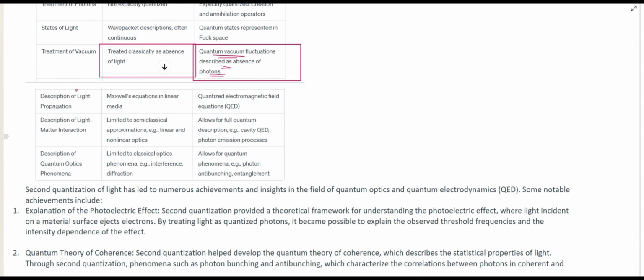The description of light propagation in the semi-classical treatment is done through what are called Maxwell's equations. But in the second quantization, we use quantum electrodynamics to describe it.